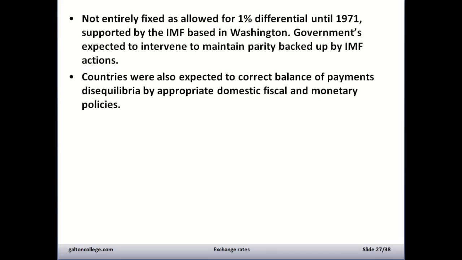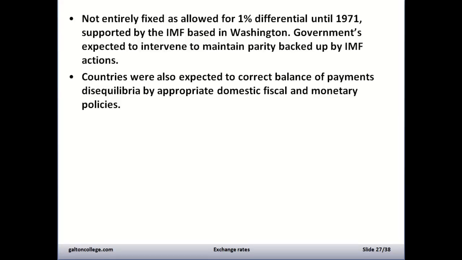So if there was a major adjustment to be made on the balance of payments, then each country would have to adjust. It would have to change its fiscal policy or its monetary policy to try and solve the problem, which may inflict hardships on its people trying to maintain a fixed exchange rate.